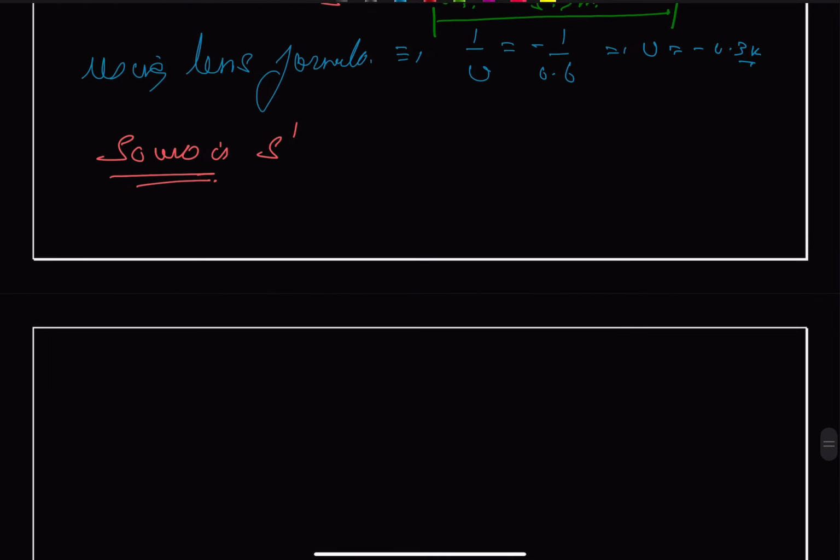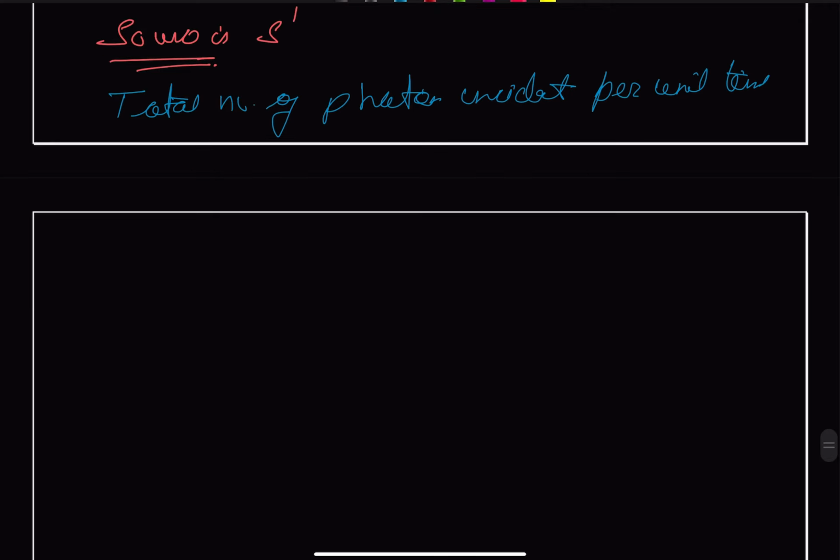So we can say that the total number of photons incident per unit time is our N3, which is 1.052 into 10 to the power 16.